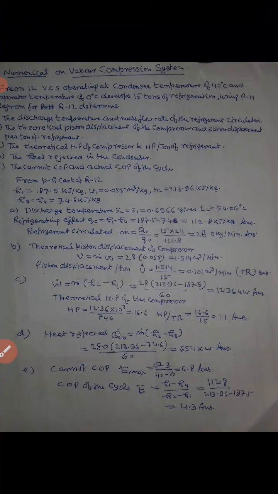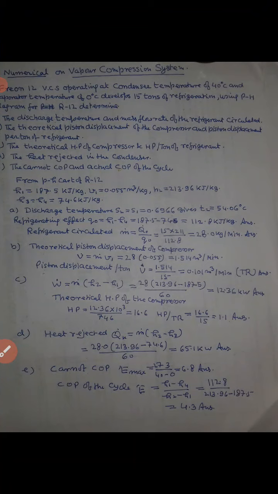Second, the theoretical piston displacement of the compressor and the piston displacement per ton of refrigerant. Two things are there: piston displacement of the compressor and per ton of refrigeration, both.